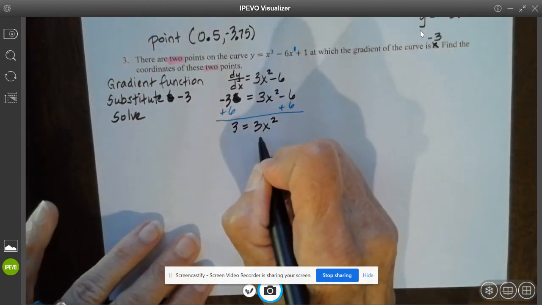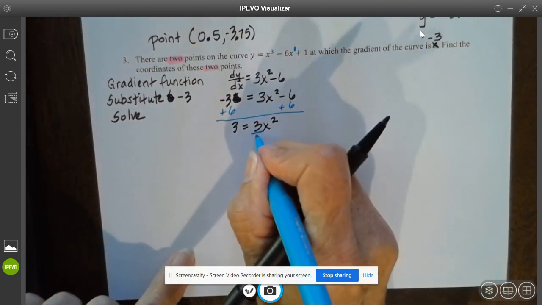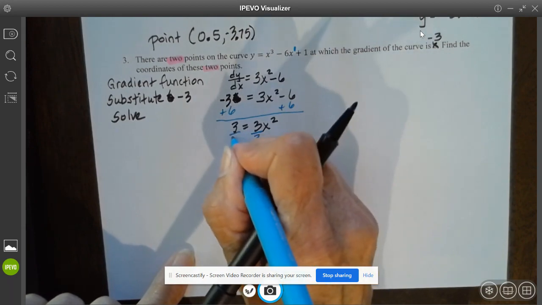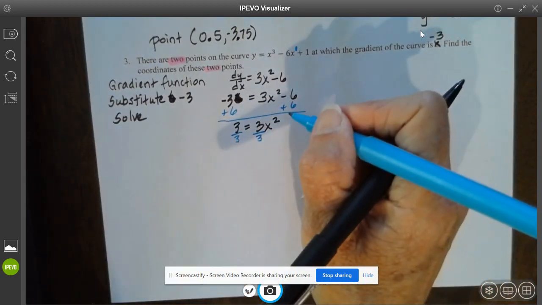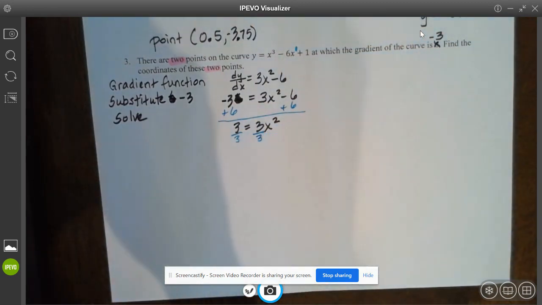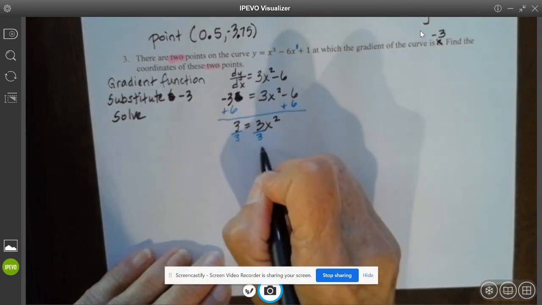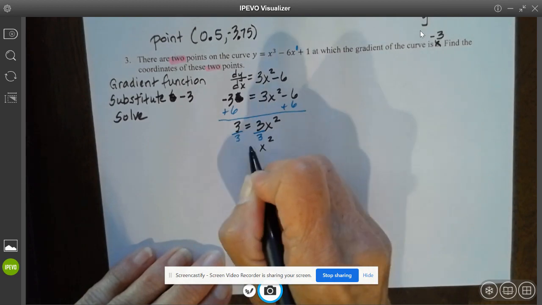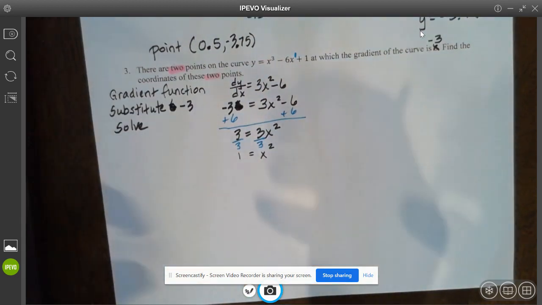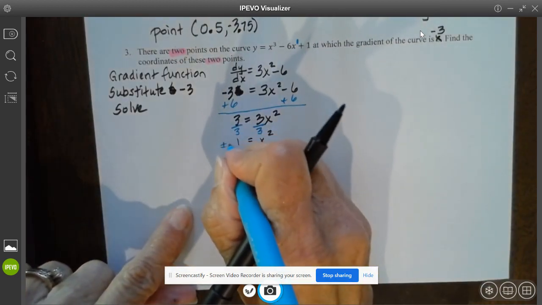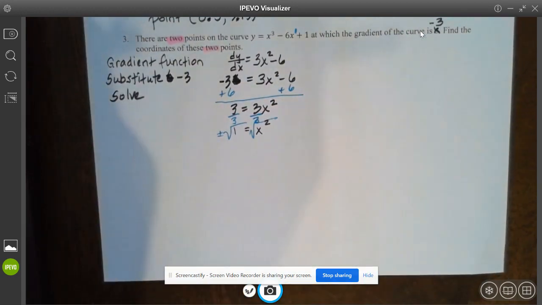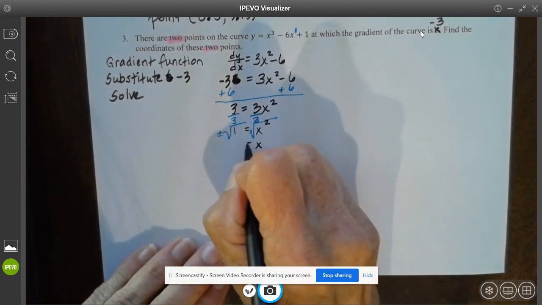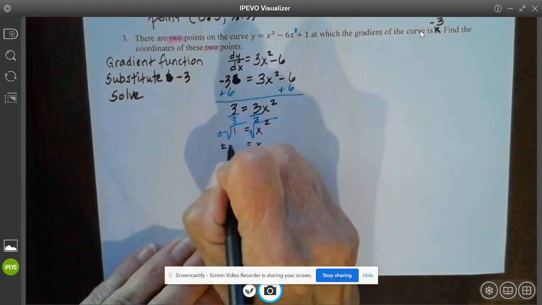Divide by 3 first, because you've got to do reverse order of operations. Addition, subtraction first, multiplication, division next, then you deal with the exponent. So now you have x squared equals 1. Then you're going to take the square root of both sides, and hopefully you notice that plus or minus right there. So now you have x equals plus or minus 1.